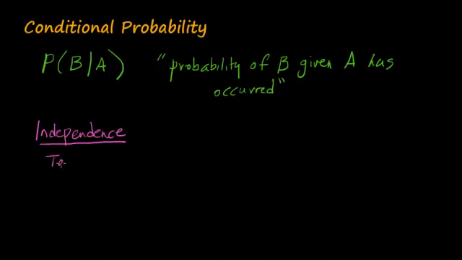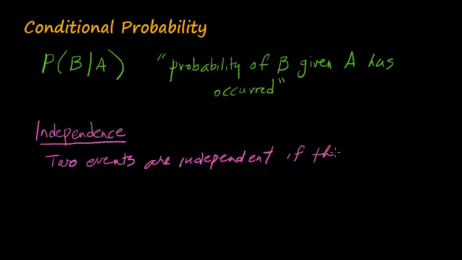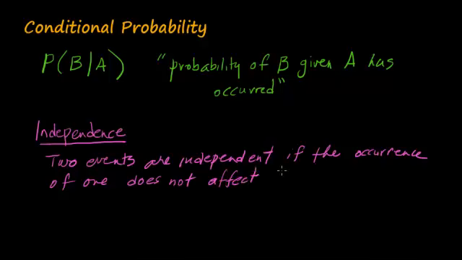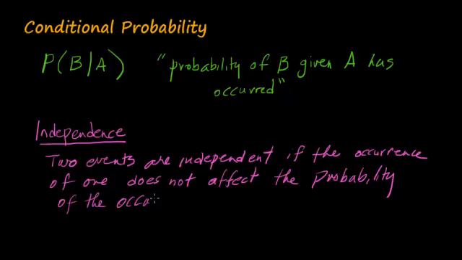Two events are independent if the occurrence of one does not affect the probability of the occurrence of the other. Thus, they would be independent.